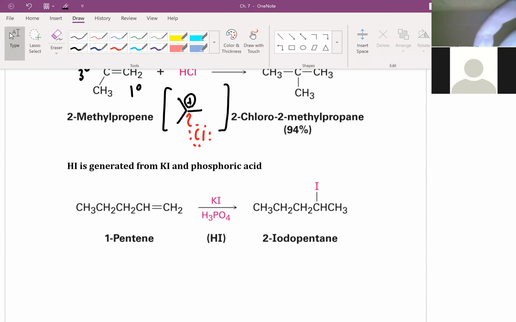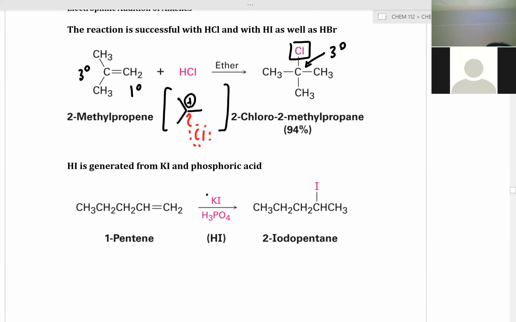Let's look at the following example. This potassium iodide and phosphoric acid is just making hydroiodic acid. And we notice again, we have two carbons to choose from, primary or secondary. And we notice overwhelmingly what carbon is our halogen installed at? Primary or secondary? Secondary, exactly right.